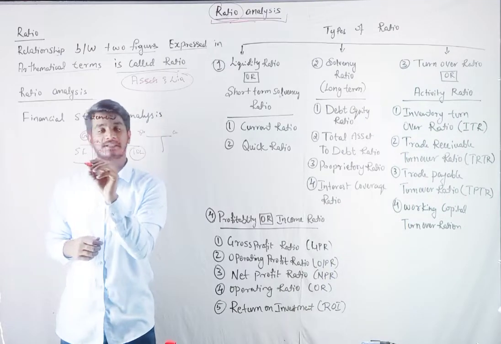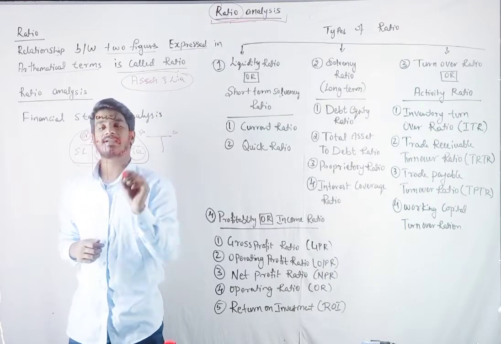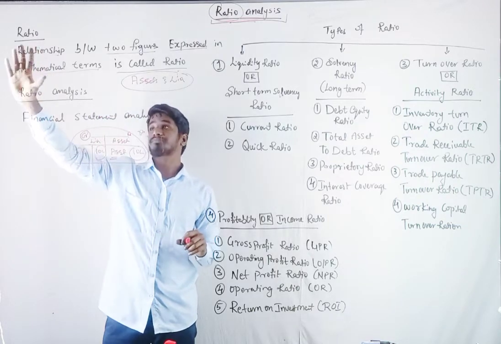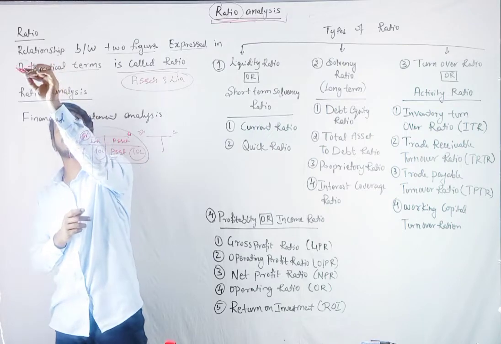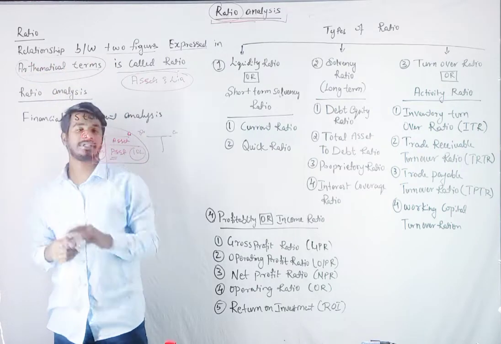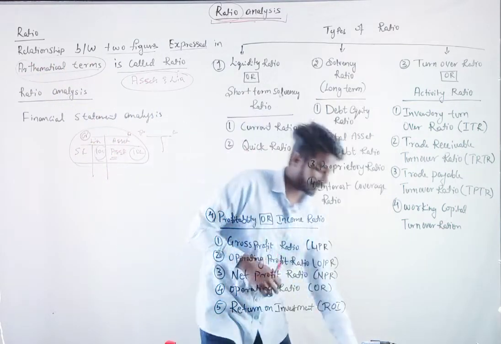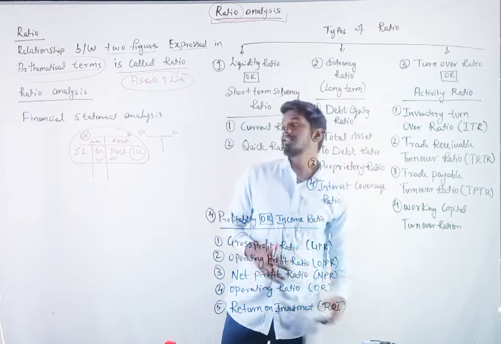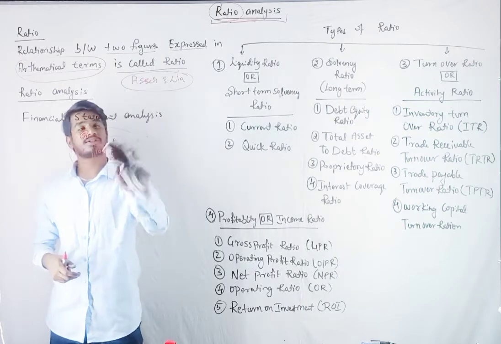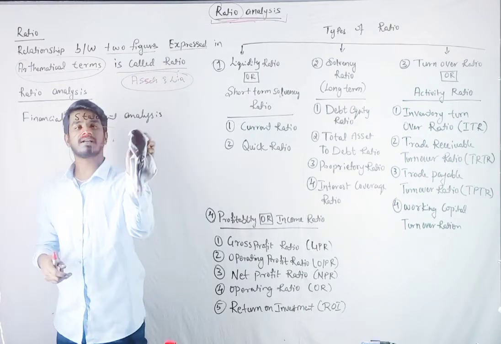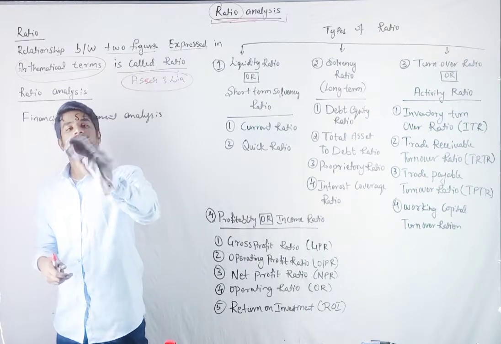So this relationship will be explained by the ratio, in arithmetic terms, in numbers, right? We can take the relationship of liability, asset, or profits, or business to business. We can compare those things, right?